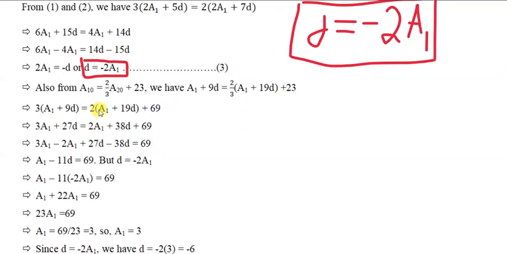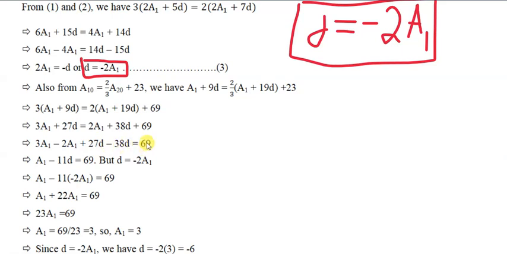And now collect the terms that contain variables a1 and d on one side and the number on the other side. Let us collect the terms with a1 and d to the left side. Move 2a1 to the left, it becomes minus 2a1, and move 38d to the left, it becomes minus 38d, while the 27d stays on the left.